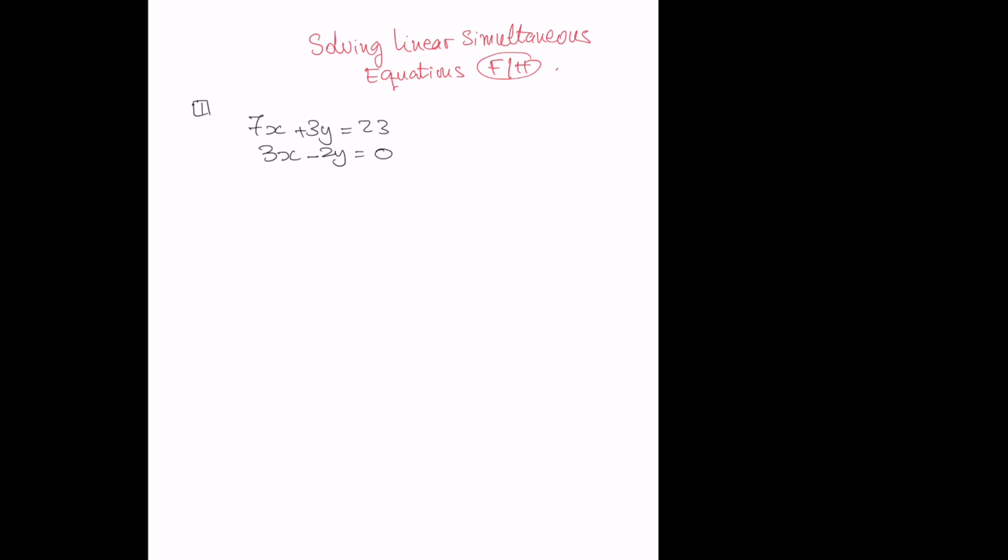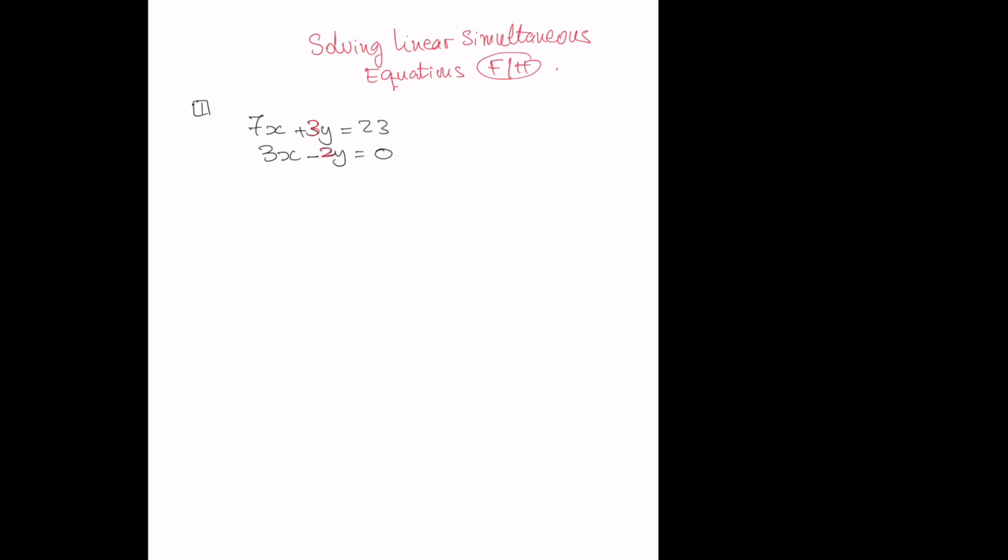So let's eliminate y, for instance, yeah? So to eliminate y, you need to make their coefficients the same. So at the moment, the coefficients of y are 3 and minus 2, or 3 and 2.